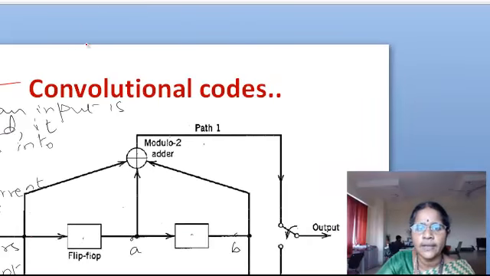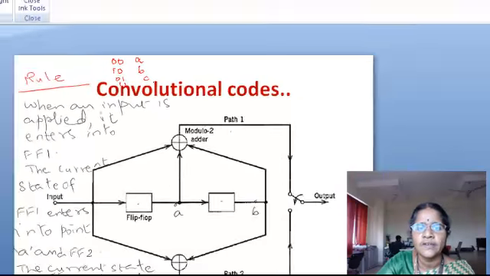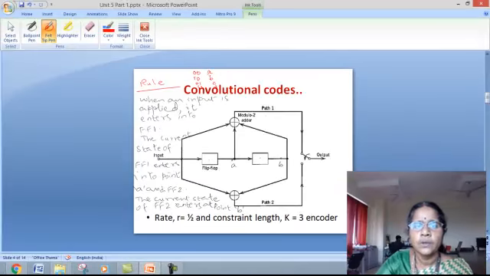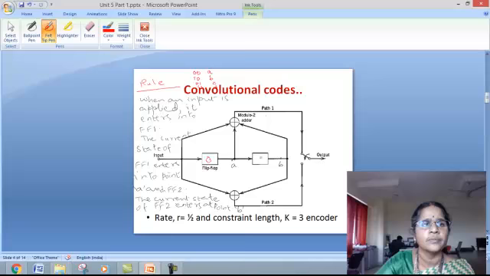Let me write the state name here. 0 0 represents state A, 1 0 represents state B, 0 1 represents state C, and 1 1 represents state D. Now let us assume initially the encoder is in state A, that is all 0 state, 0 0.